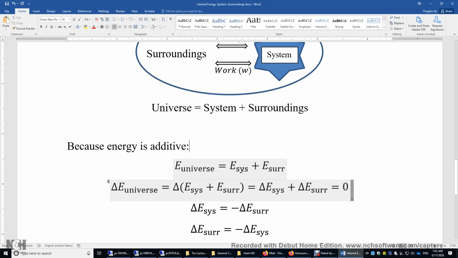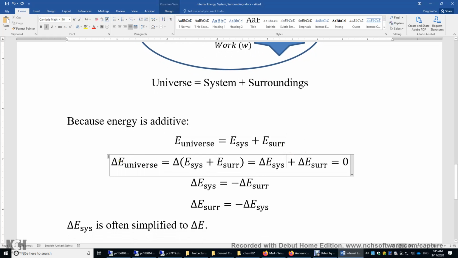E sys refers to the energy or internal energy of the system. E surr is the energy or the internal energy of the surroundings. Again, the change of the energy of the universe is always 0, and then we say the change of the sum of the system energy and the surrounding energy is always 0. The change of a sum is equal to the sum of the two separate changes.